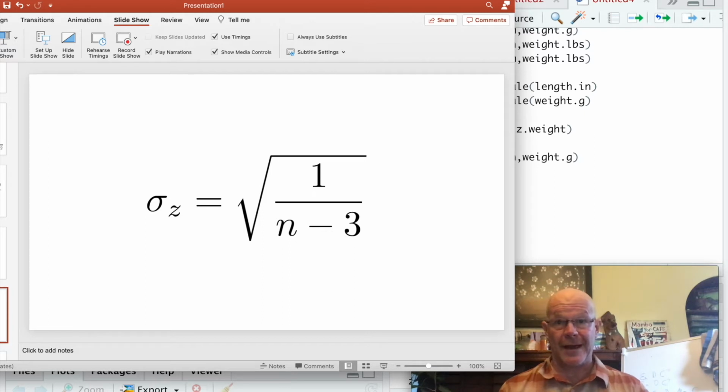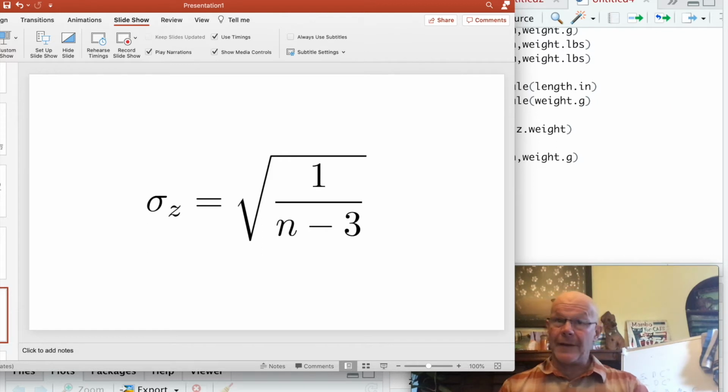So you need to have greater than 3 observations if you ever really want to do any kind of estimate around the uncertainty of your correlation coefficient.